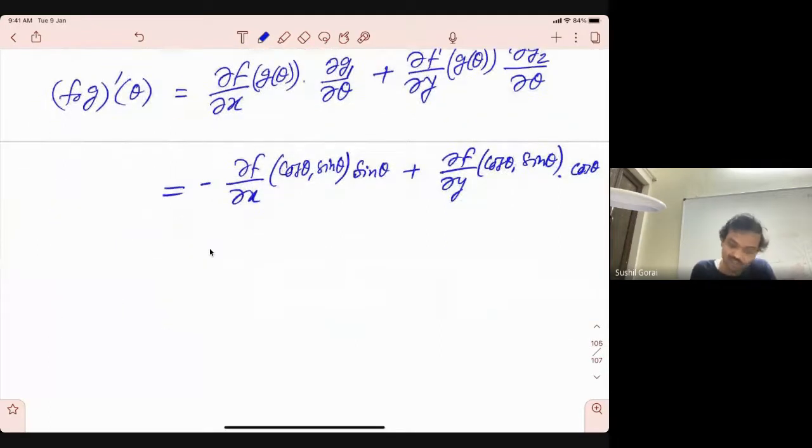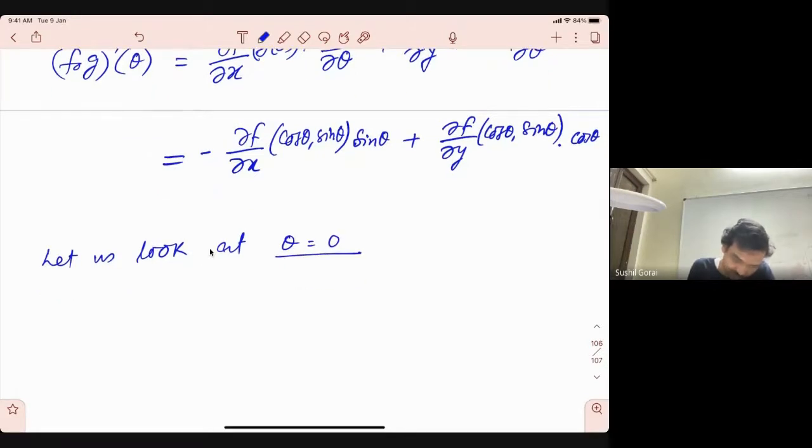So, for example, why did I calculate this in general? Now let us look at theta equal to 0.